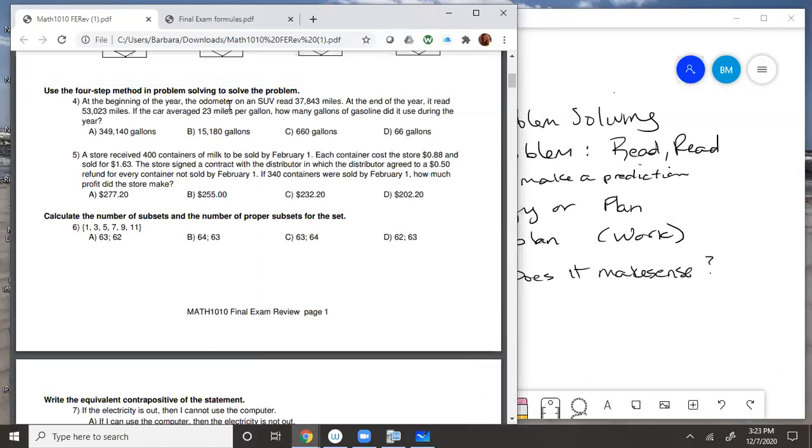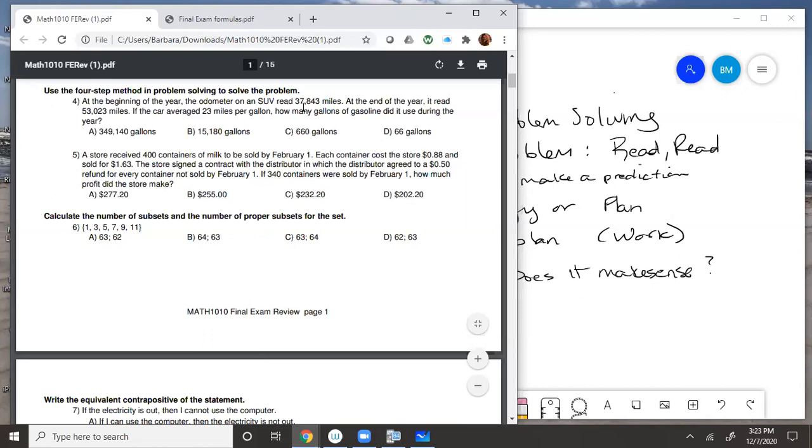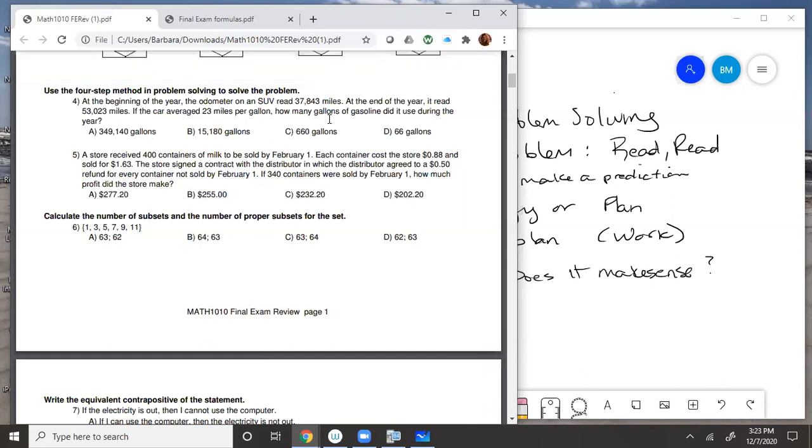At the beginning of the year, the odometer of an SUV read 37,843 miles. At the end of the year, it read 53,023 miles. If the car averaged 23 miles per gallon, how many gallons of gasoline did it use during the year?